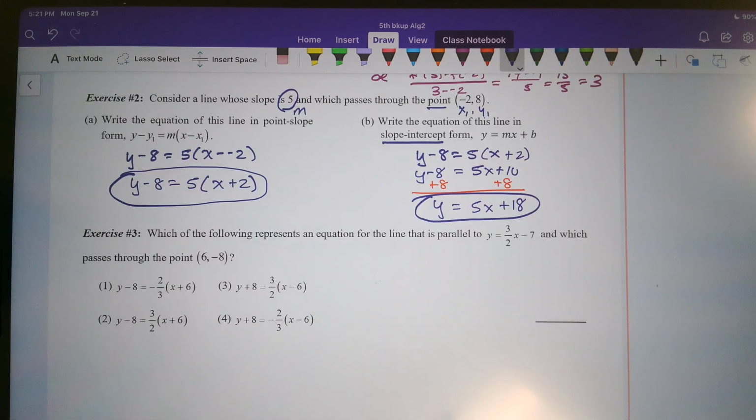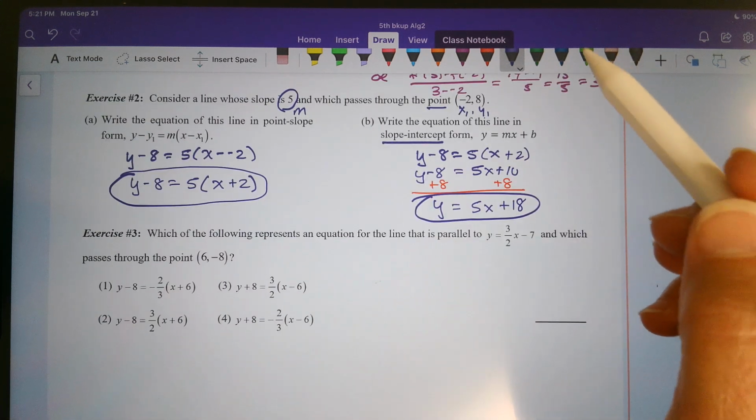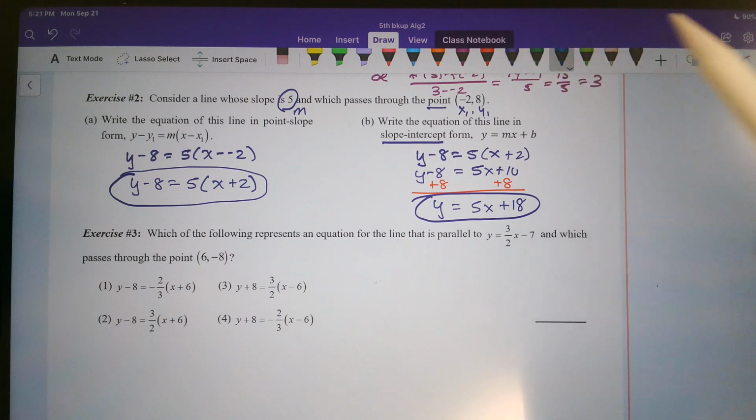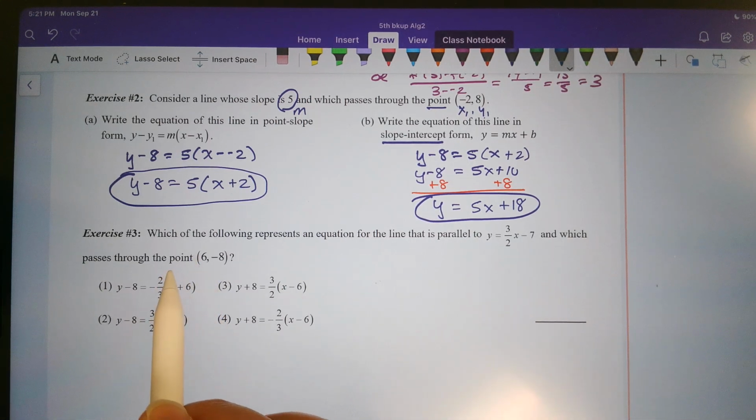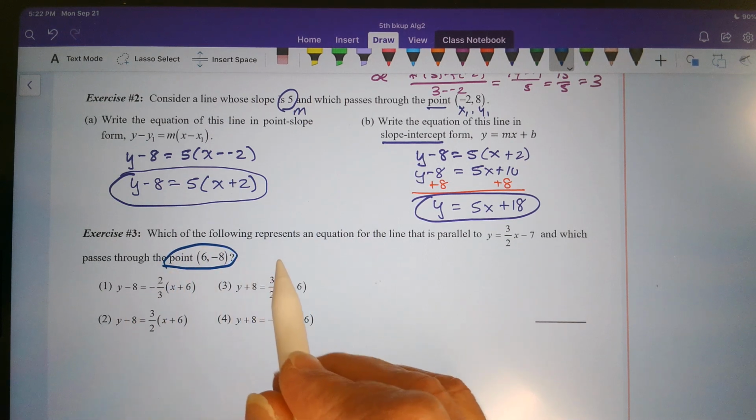Exercise 3, which of the following represents an equation for a line that is parallel to y equals 3/2 x minus 7 and which passes through the point 6, negative 8. Okay, so we have the point, so we're thinking of point-slope form.